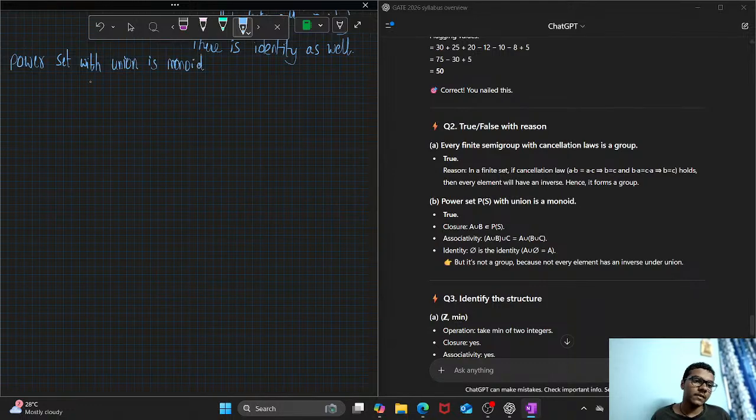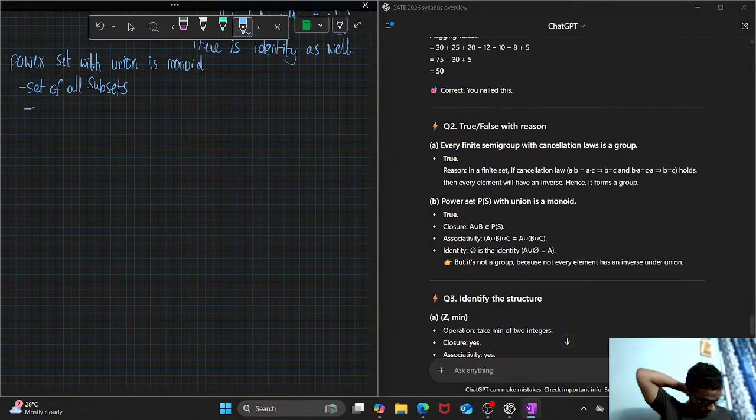It's saying that power set is the set of all subsets, right? This is more difficult than expected.